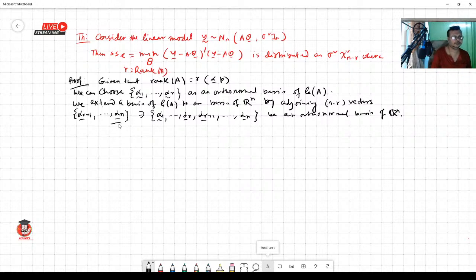Therefore, if you form this matrix using the vectors alpha 1 to alpha n, and we denote this part by F and this part by G, it is an orthogonal matrix.